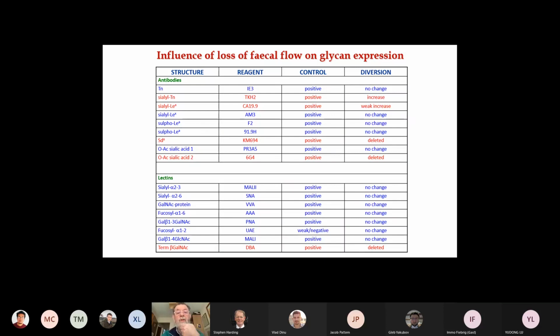And what we did is that we used a number of different reagents to screen for different carbohydrate structures. The carbohydrate structures you can see listed in the left-hand column, with the antibodies, the reagents, in the second column, antibodies at the top, lectins at the bottom.